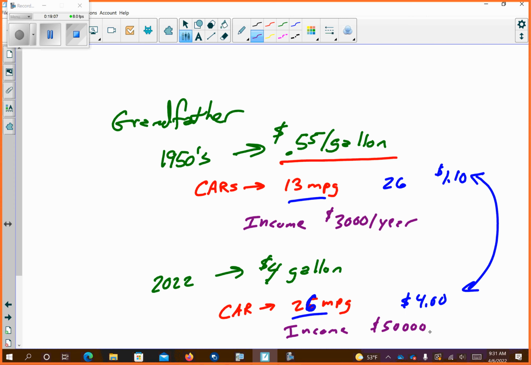So in order for gasoline to have stayed with how cars are doing better and how incomes are doing better, this should be closer to $11 a gallon, which, could you imagine dropping $11 a gallon? Like California. Yeah, but I thought it was a really interesting perspective.